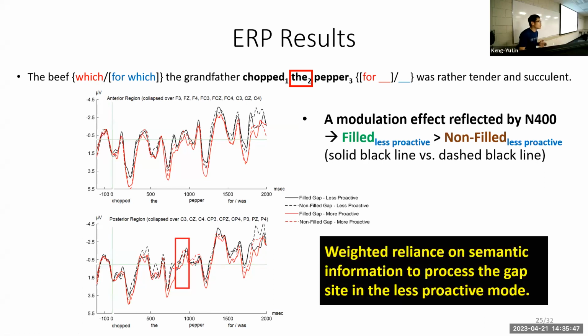So our interpretation of this is that people might rely more on semantic information to process the gap site when they are biased to be in a less proactive mode. Why semantic information? Because the N400 component is related to semantic processing. So our interpretation relies on that.